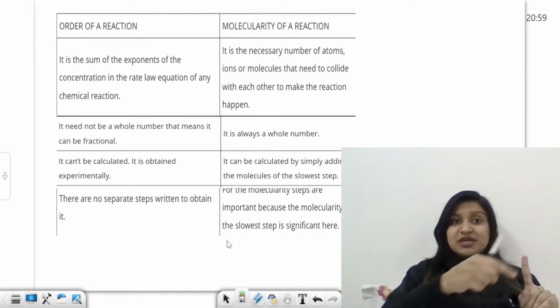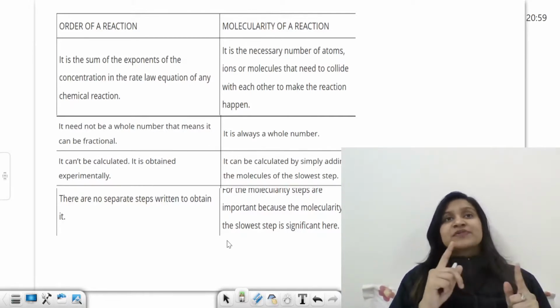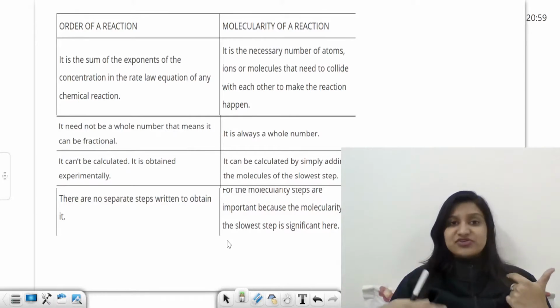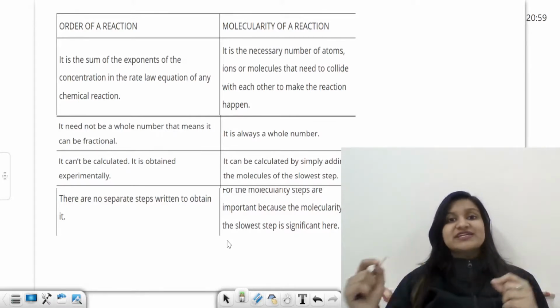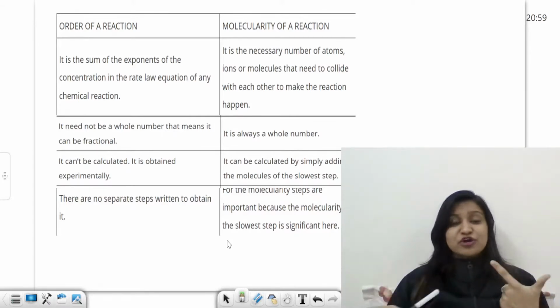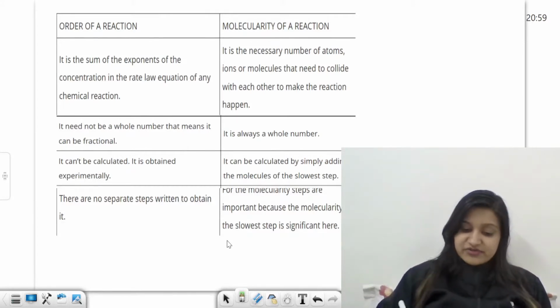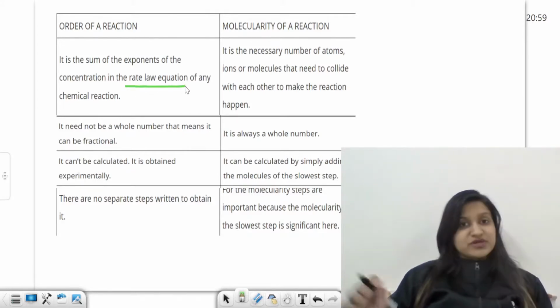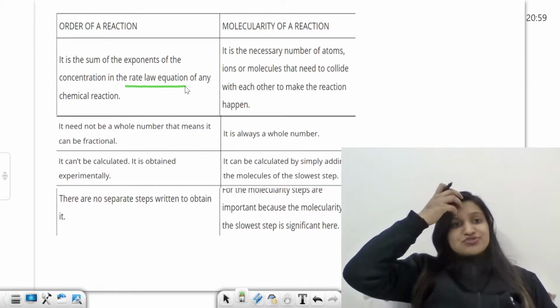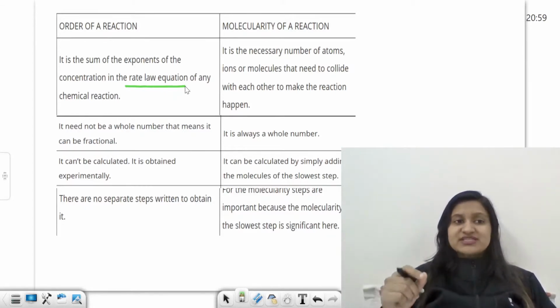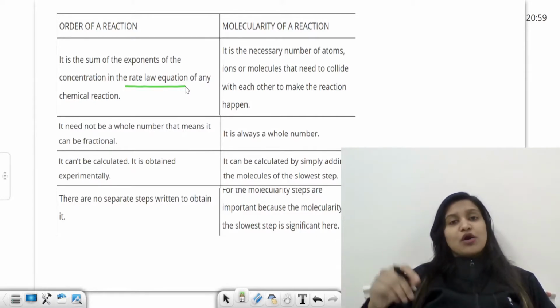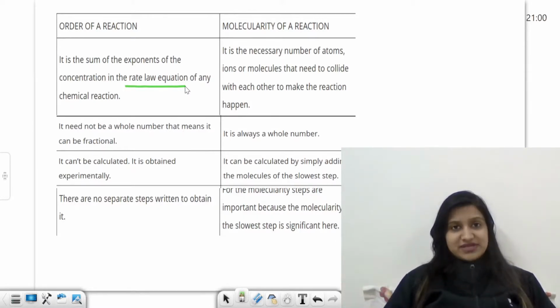It means the powers on which the rate of the reaction actually depends. This is not the law of mass action. Here we are talking about the rate law equation.